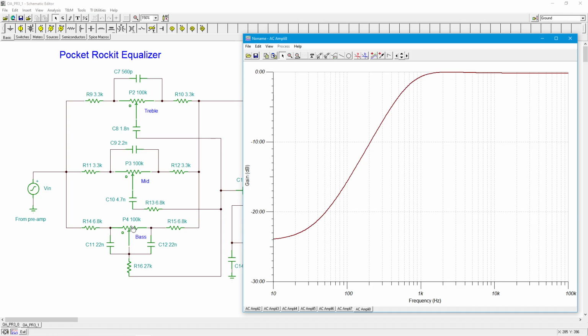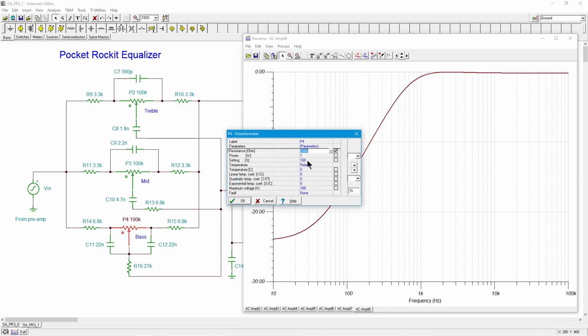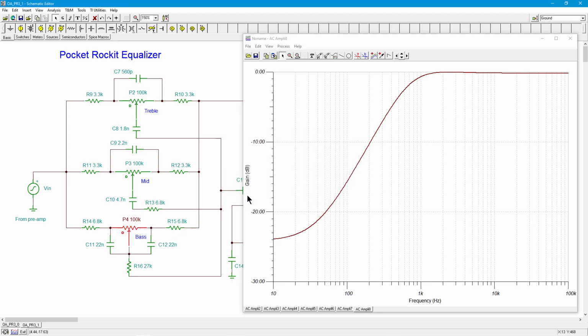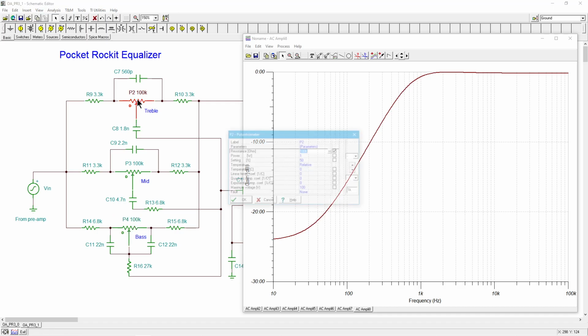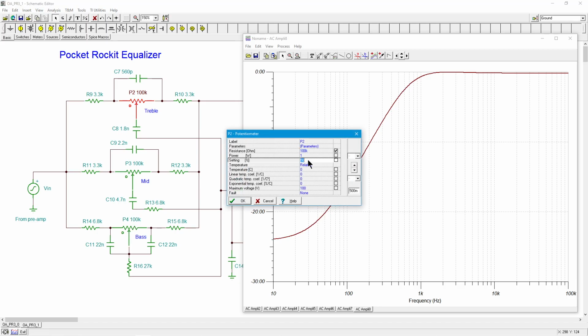And of course, you can come in and cut and boost. So I could come in here and say, well, let me give a little cut in the bass. Or I'll tell you what, let's do something a little funkier. Like you want to do more of a scoop kind of thing. So I'm going to give a little bass boost and maybe a little bit of treble boost, give it a little bit of bite, okay?